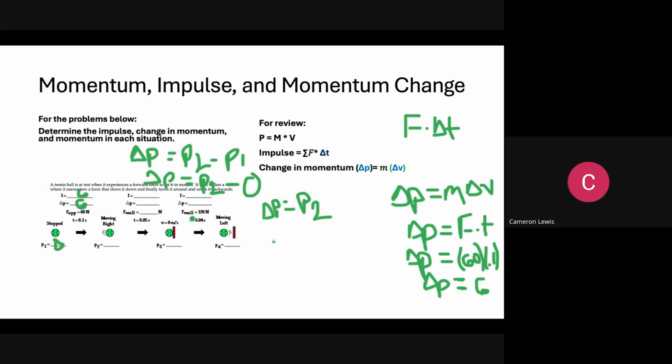We found that the change in momentum is equal to 6. So how much is the momentum at P2? 6. Correct. The unit is kilogram meters per second, or kilogram newtons per second. I'm just not writing the unit, but it's 6.